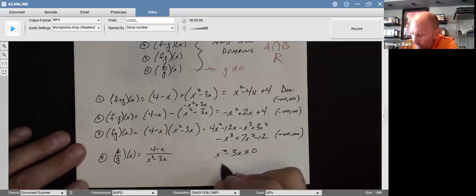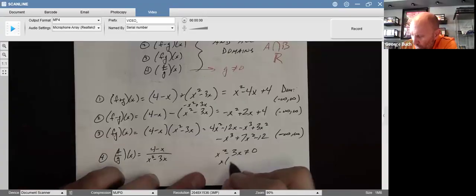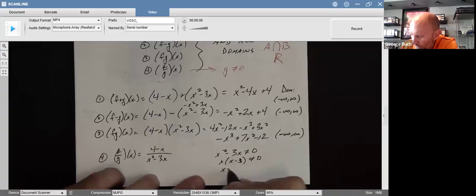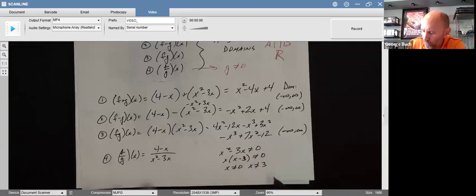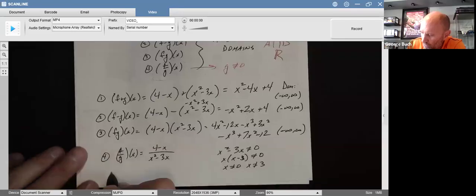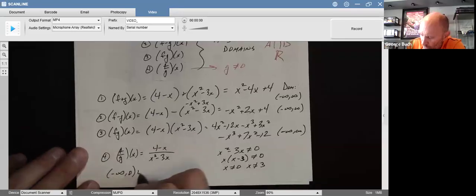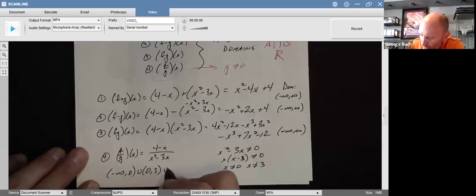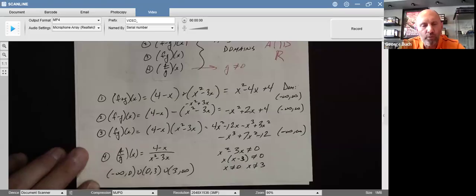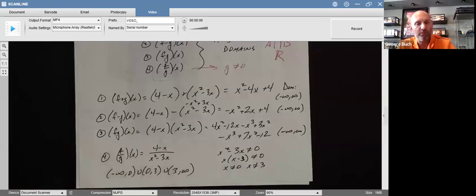So if I factor out an x here, I get x times x minus 3 cannot be 0, which means x cannot be 0, x cannot be positive 3. So in interval notation, that would be negative infinity to 0, skip 0, go to 3, skip 3, go to infinity. So that would be your domain for f divided by g.